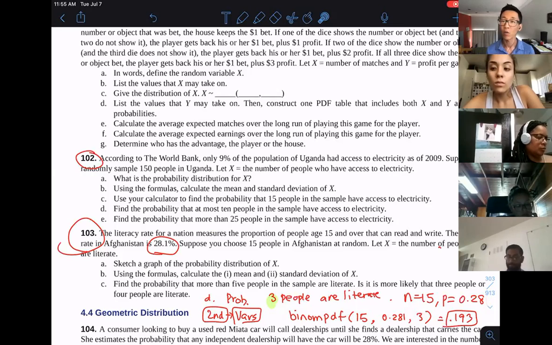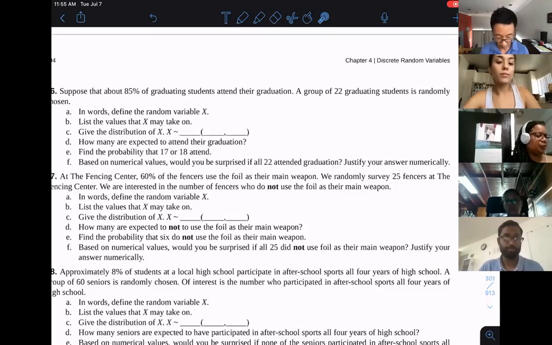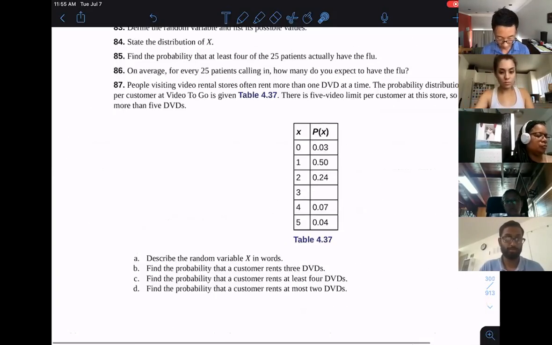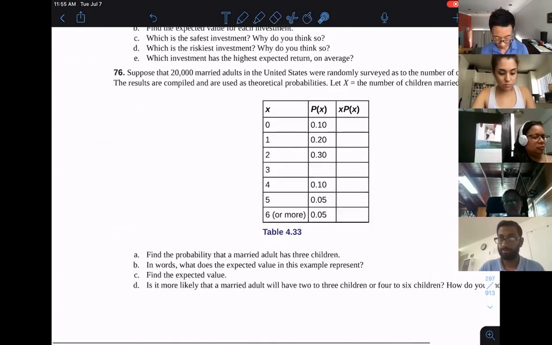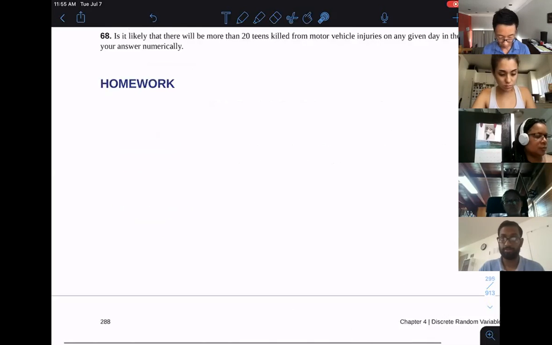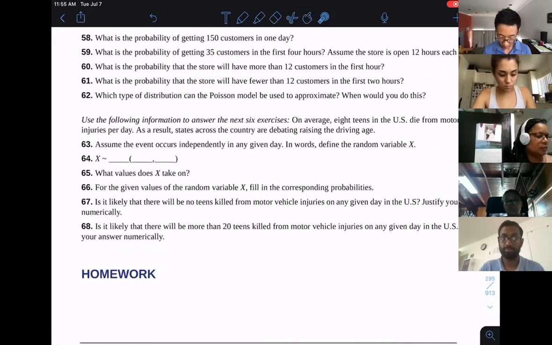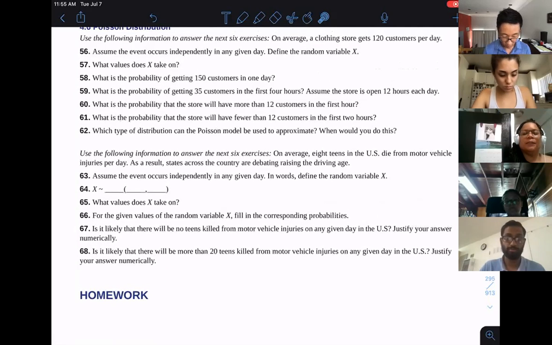Any other questions from the homework or worksheet? Figure 67 on chapter 17. 67? Yeah. This one? Okay.